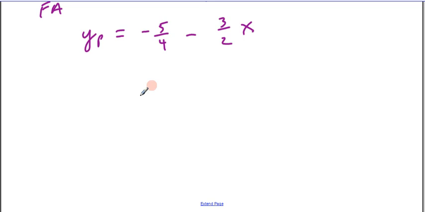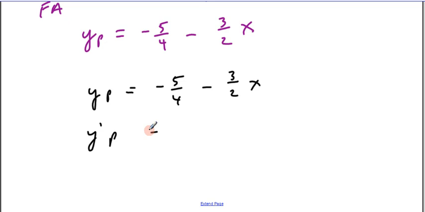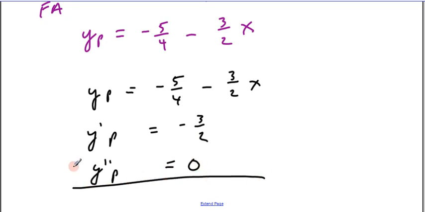I think it's a good idea to check our work. So if y sub p is minus 5 over 4 minus 3 over 2 x, and y prime of p is minus 3 over 2, and y double prime of p is 0, and I want one of these guys and minus one of those guys and minus 2 of these guys, and I'm supposed to have 3x plus 4 when I get done.